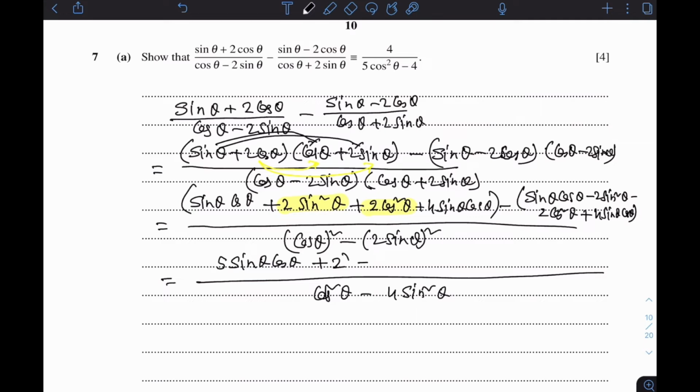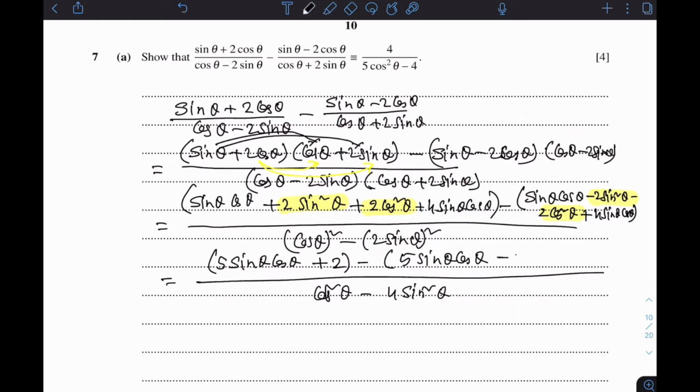Okay, that's nice. Now sin θ cos θ + 4 sin θ cos θ is the same as 5 sin θ cos θ, and if 2 is common, sin² θ + cos² θ, that will also be 1.